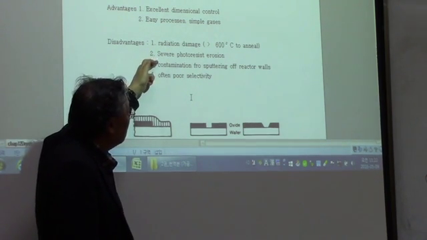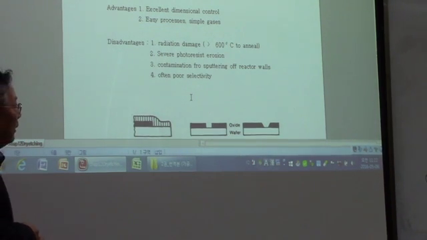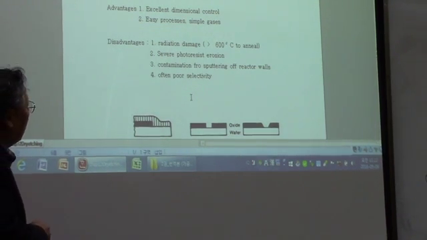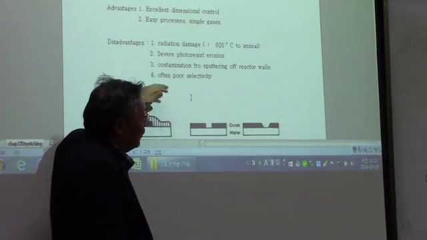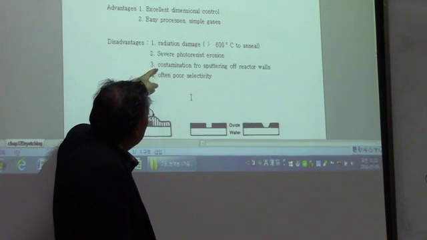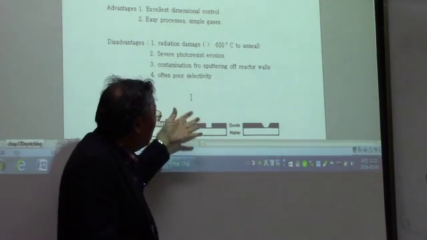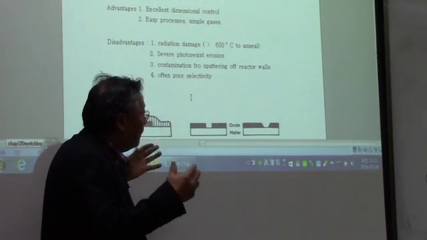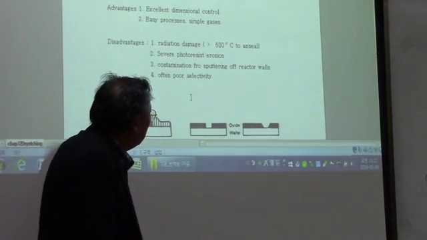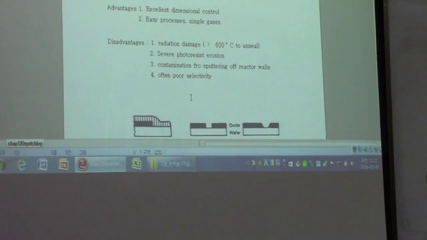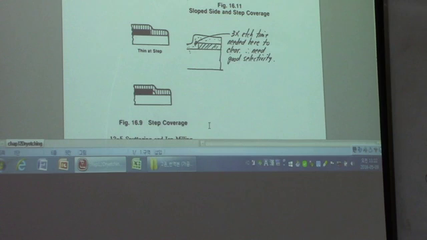Severe photoresist erosion because the etching rate is very high, so the photoresist may be etched fast. Okay, contamination with sputtered-off materials, okay, and selectivity has to be poor because we involve the physical process.